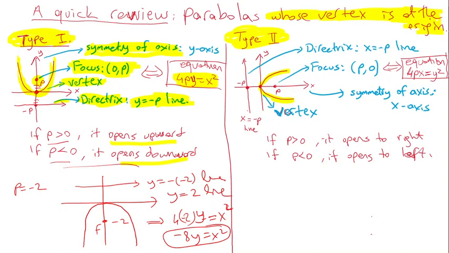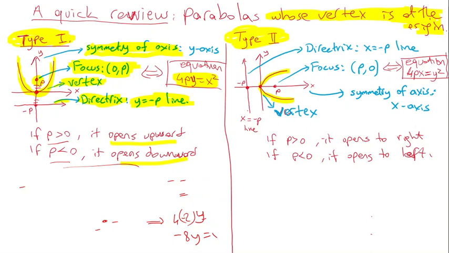Now, let's look at the other case closely. Everything is almost the same except its direction and the axis of symmetry, and all the coordinates are switched. Now we have the focus at (p, 0), and the directrix is the line x equals minus p.